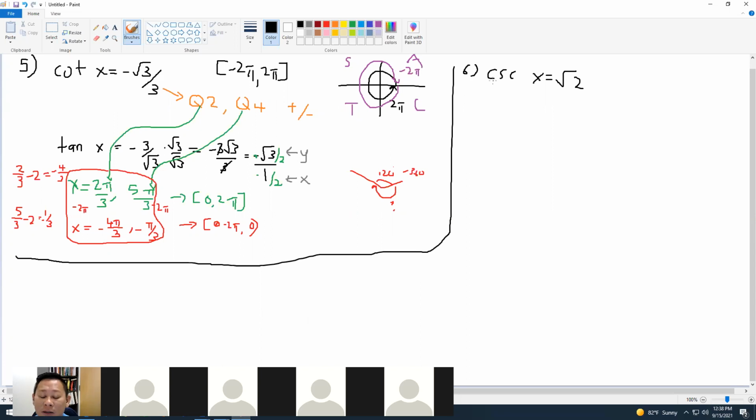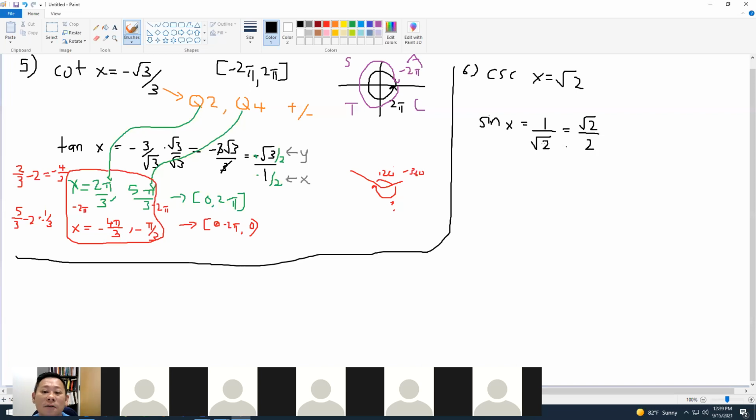Every time you have a cotangent, cosecant, or secant, do the reciprocal first. So sine x in this case is what? Flip it. Anyone know what's the flip of this? 1 over square root of 2. Make sure you rationalize this. What's the rationalized form? This will be square root of 2 over 2.